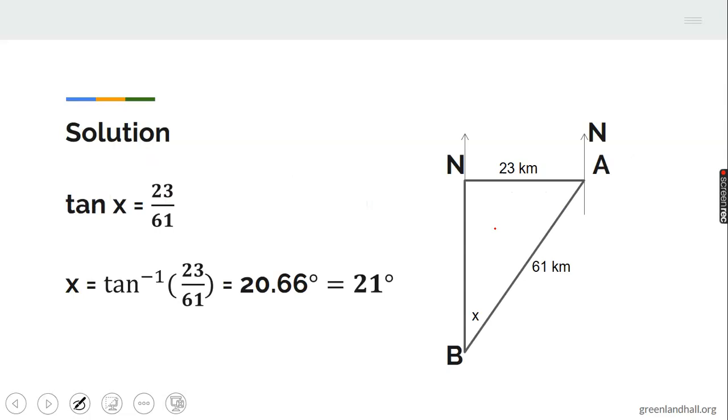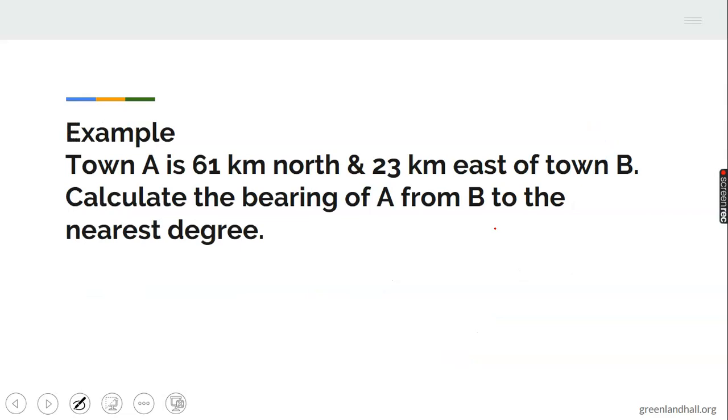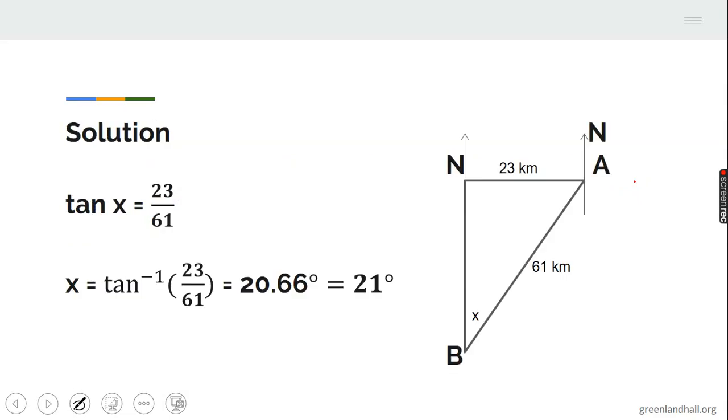So we are given the bearing of A from the north of B. Town A is east of B, and that's why we can see, north of B, you move to A. This is 23 kilometers, and the distance from A to B is 61. So this is the bearing of A from B.